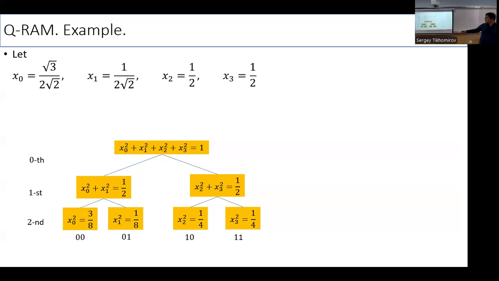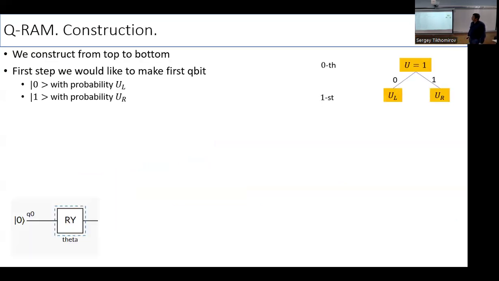Then we construct a tree on a higher level. The sum of the first two numbers, 3 over 8 plus 1 over 8, is 1/2, and 1/4 plus 1/4 is 1/2. We check that the sum of all of them is 1. So this is an example of the tree. In the end, I will also show the scheme which uploads those numbers.